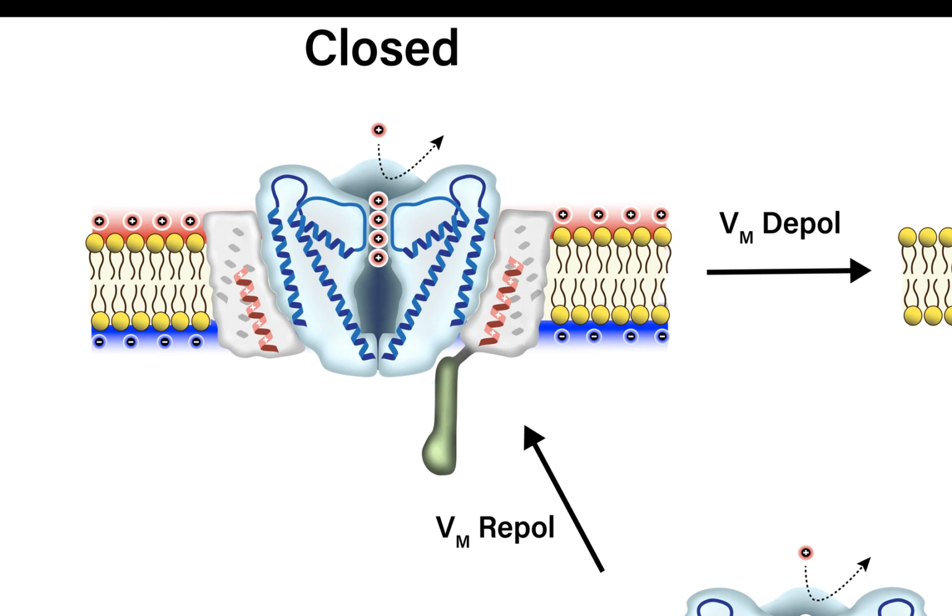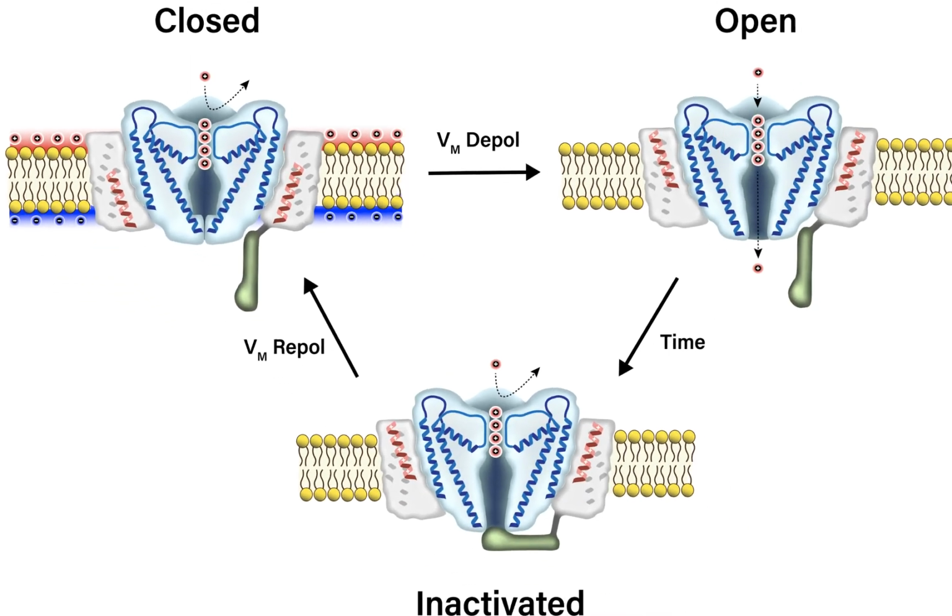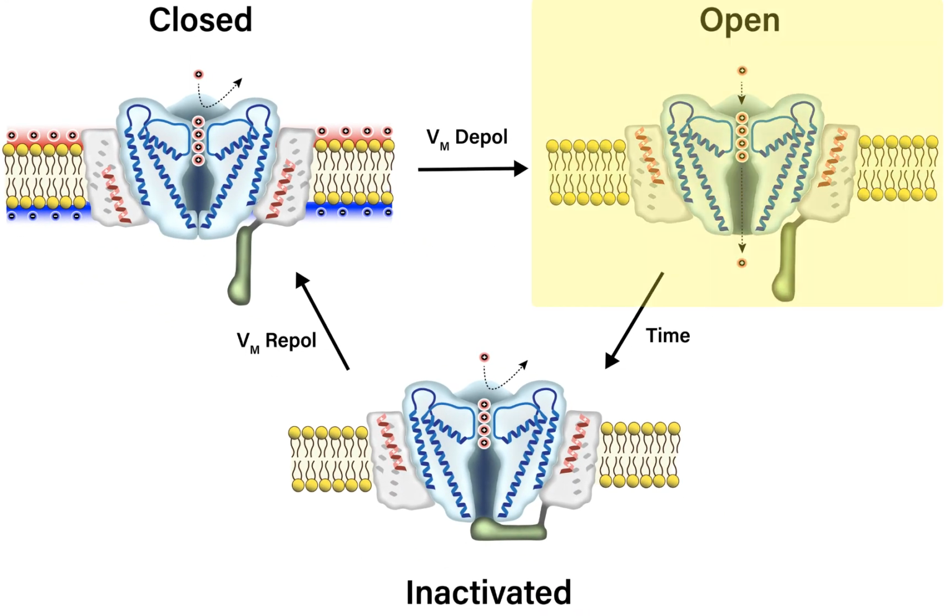This causes the voltage sensors to be pulled back down inward towards the inner leaf of the membrane, causing the voltage gate to close. And when the voltage gate closes, that causes the inactivation gate to swing back away from the channel to its original position. Once the sodium channel enters the closed state, it's ready to participate in the next electrical event involving membrane depolarization that can cause the channel to once again enter the open state.